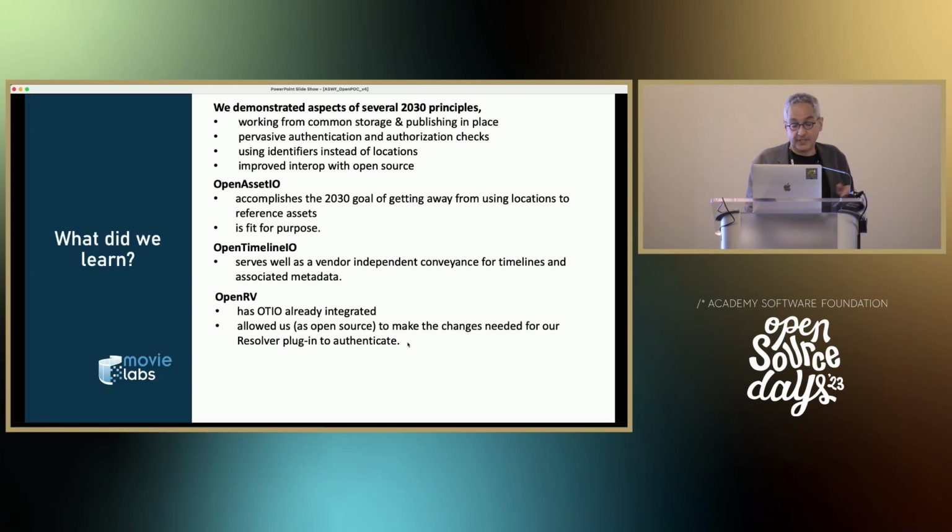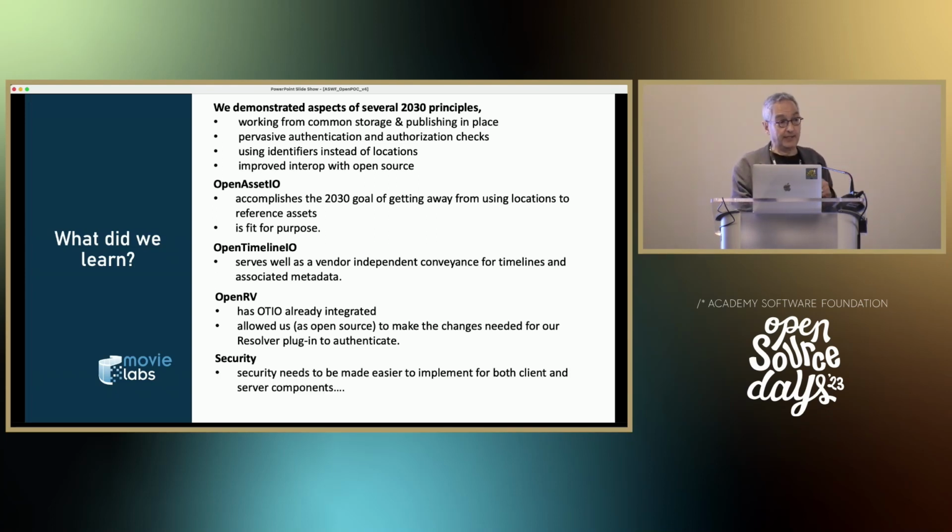So it was a great project, we think. The last item, which I mentioned, I think we need to do more work on, is security and looking for interested participants from the ASWF to help us make it easier for projects to move into this new world where you can't always rely on a perimeter. So more open source software for that would be great.